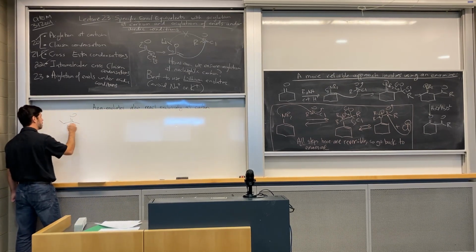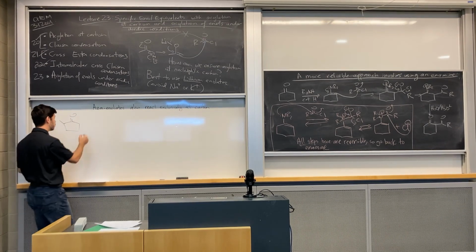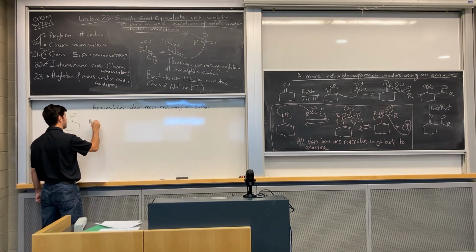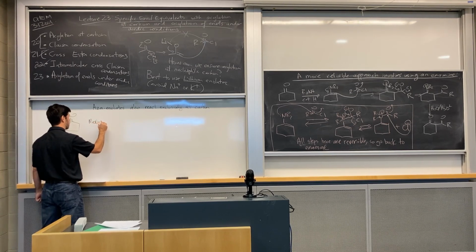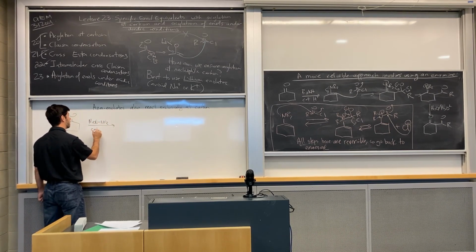So let's just go through an example. If we take this compound here, and let's say we treat it with a primary amine, so that's a primary amine with catalytic protons.